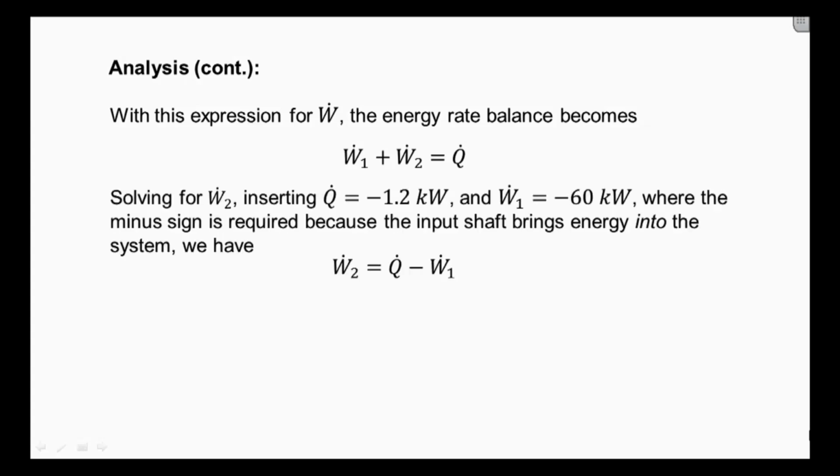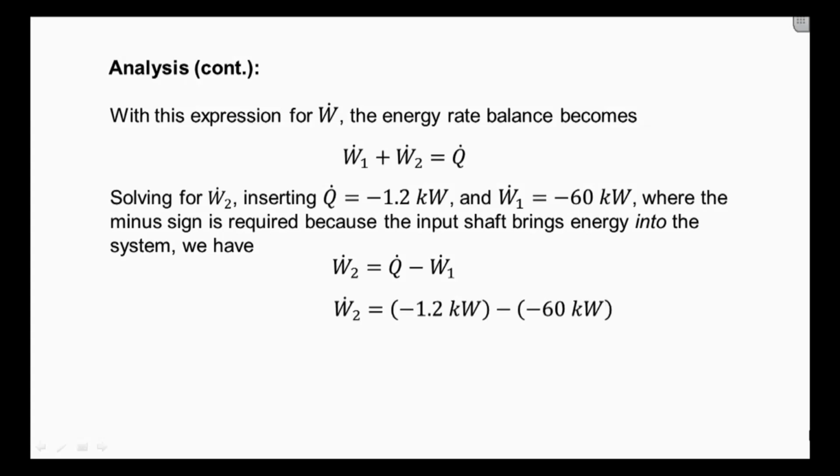Solving for W2 dot and inserting Q dot equal to minus 1.2 kilowatt and W1 dot equal to minus 60 kilowatt, we obtain W2 dot equals Q dot minus W1 dot. In the above expression, note that the minus sign is required because the input shaft brings energy into the system, hence it is negative by sign convention for work or power.